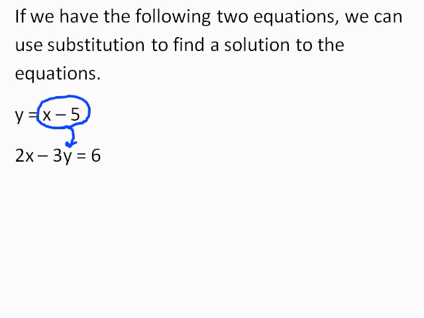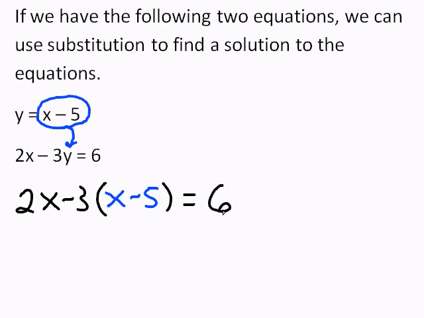This will give me 2x minus 3, parentheses, and I'm going to substitute in the x minus 5. Now again, the reason I can do that is because y is equal to x minus 5, and I could put that x minus 5 in for the y into the other equation.